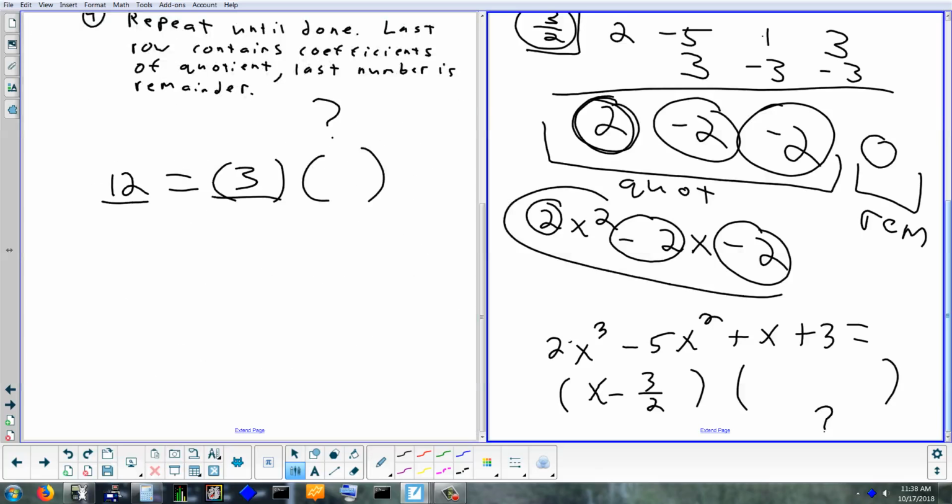What's the other factor? It's sitting right there. That's the answer when you divide. 2x squared minus 2x minus 2. That is how you would factor it. So we just have to get one thing that we know is a factor, and then the quotient when you divide, that's the other factor.